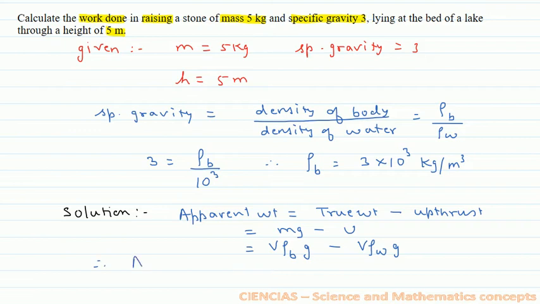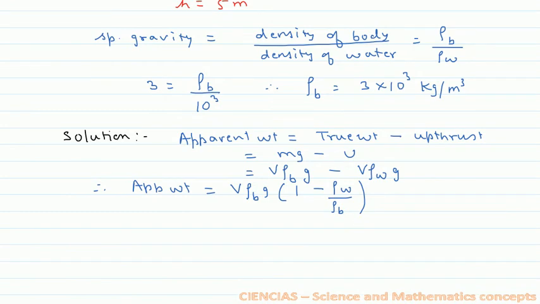Therefore, apparent weight comes out to be, I take volume, density of body and g common, so in bracket it will be 1 minus density of water upon density of body. Now we put the values in this.